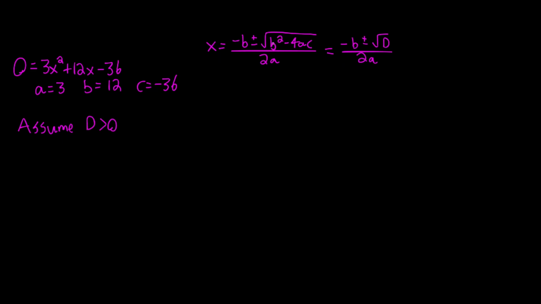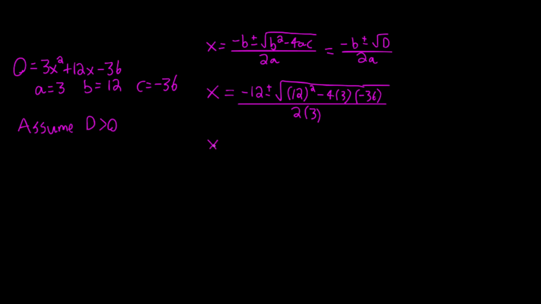But plugging it in as b squared minus 4ac works as well. I'm going to show you that way just so that you're comfortable using both of them. So we're going to have x is equal to negative 12 plus or minus the square root of 12 squared minus 4 times 3 times negative 36, all divided by 2 times 3.